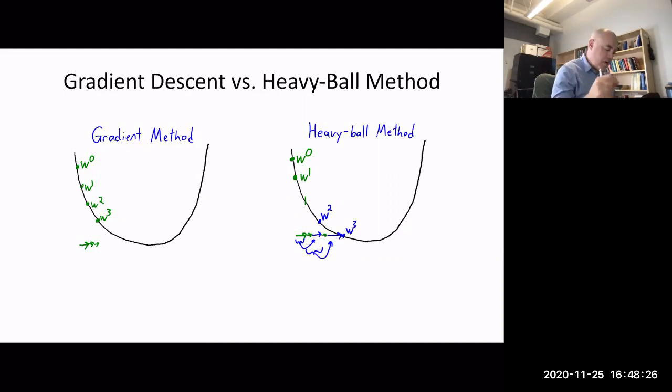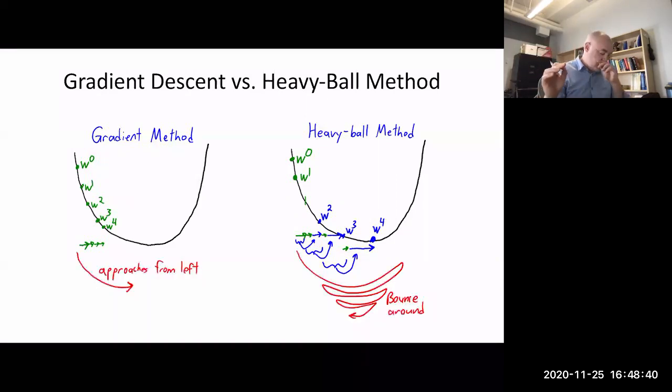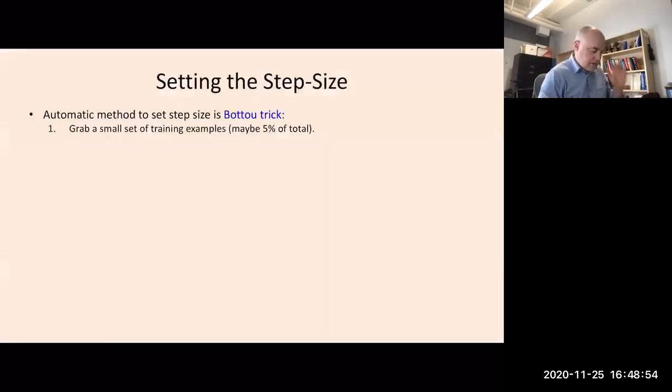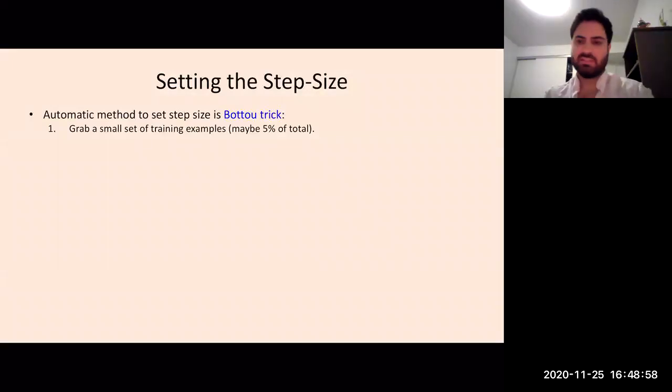But if you use a heavy ball method where you're computing an average, you're going to keep going and accelerate into the accumulated gradient direction. So basically, you'll end up bouncing around more, which is good in the sense that you get far faster, basically. Setting a step size is same as stochastic gradient descent?